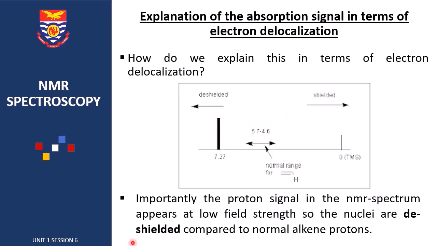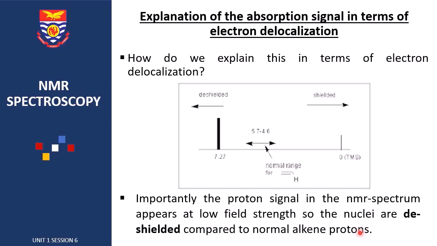Now, how do we explain this in terms of electron delocalization? It's important to know that the proton signal in the NMR spectrum appears at low field strength, so the nuclei are deshielded compared to normal alkenes. What it means is the protons in aromatic systems are completely different from the protons in alkene functional groups.